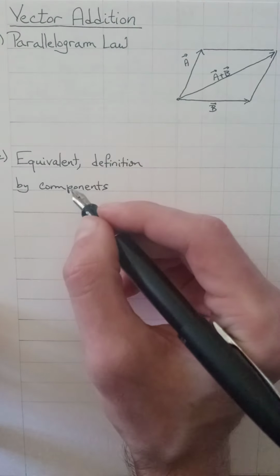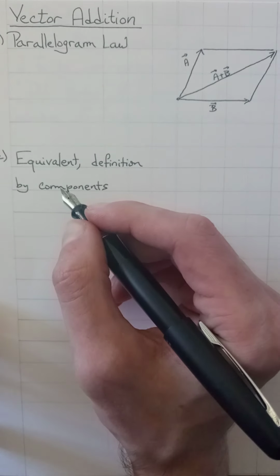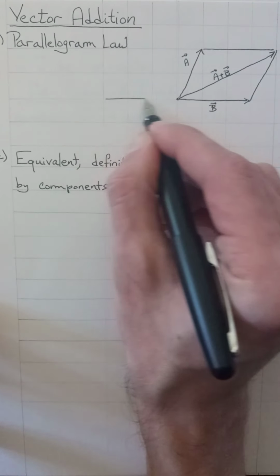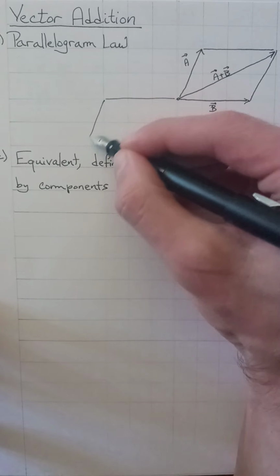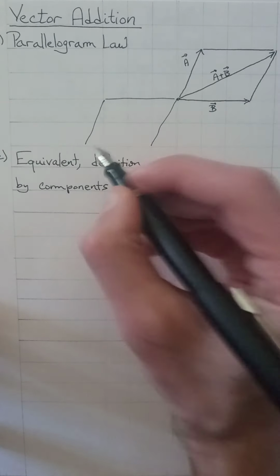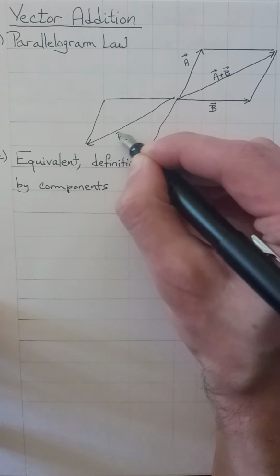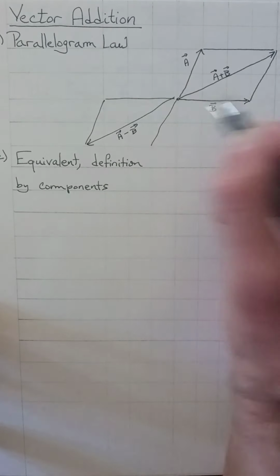And if you want to do subtraction, A minus B, then you have B go the other way. Construct your parallelogram with B going the other way, and that's A minus B.